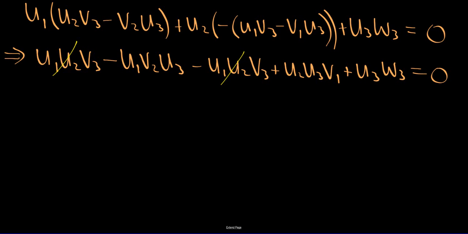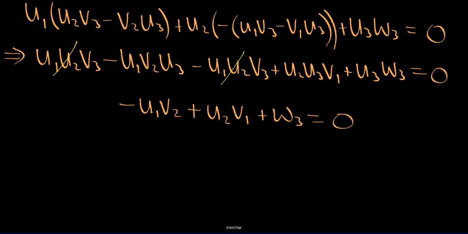If I divide out the U3, I've got negative U1 V2 plus U2 V1 plus W3 equals 0. Did I make any mistakes there?